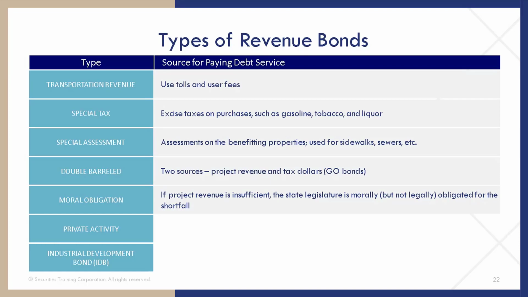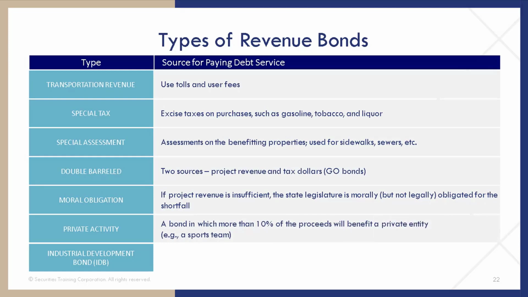So if the revenue is insufficient, the state legislature is morally but not legally obligated for the shortfall. They didn't say it was double-barreled. They said we will vote to appropriate funds as needed. So they took on a moral obligation to appropriate those funds, but not a legal obligation.